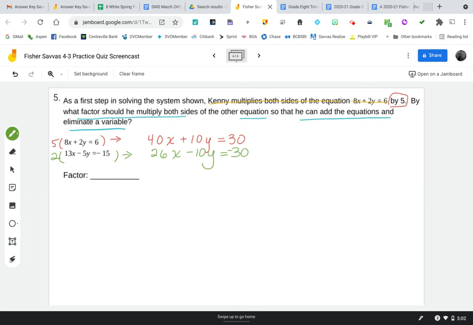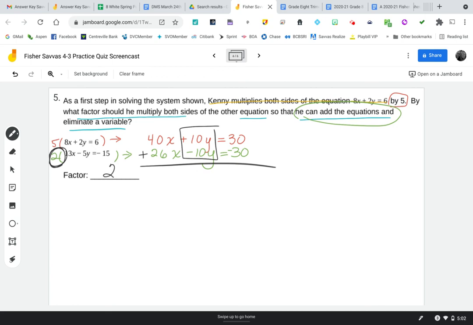At this point, I'm looking to see, can I add the equations and eliminate a variable? Yes, I can. I can add these equations together because it will eliminate my 10y's. So the factor that I multiplied the equation by was 2. That's your answer. That's what they were looking for in this.